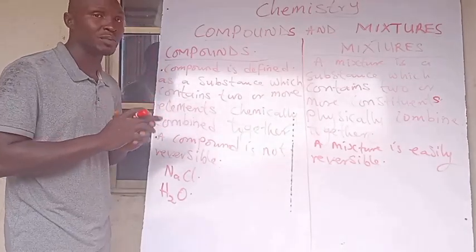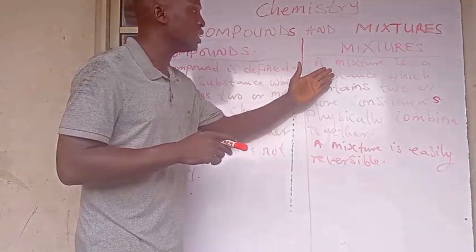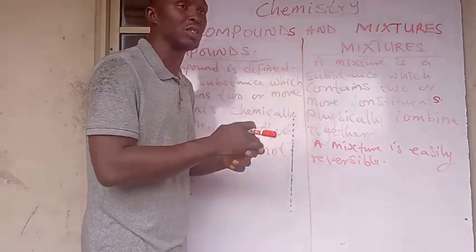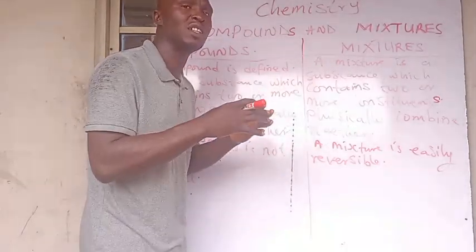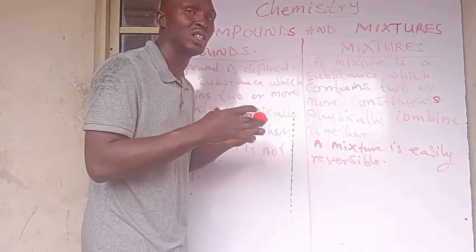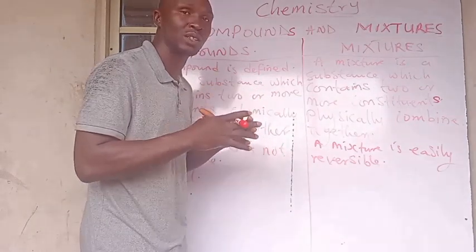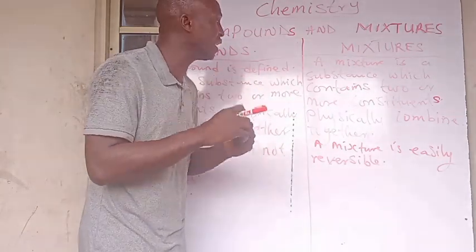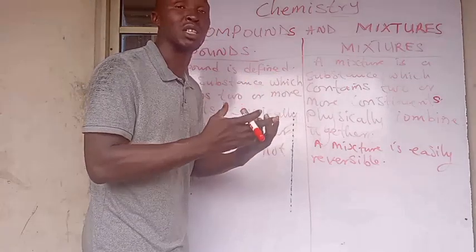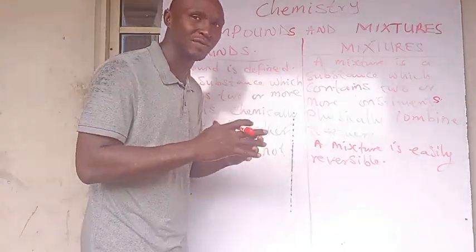Let's go further. As we go further, you get to talk about the methods of separation that can be used in a mixture. We have different types of separation techniques, which is our next topic. Why are we having separation techniques? It's because a mixture can be separated easily, physically.